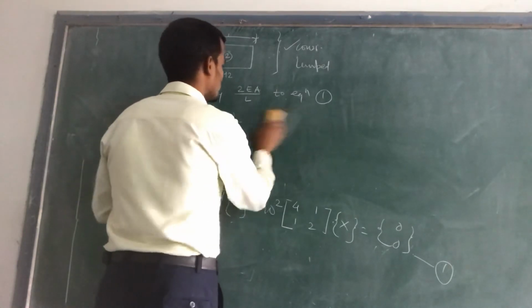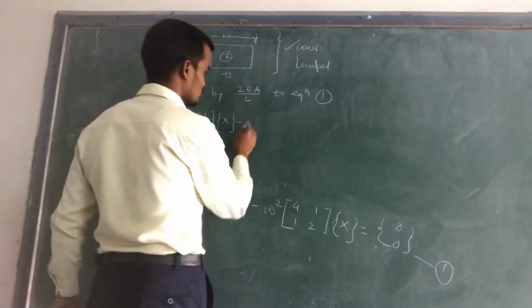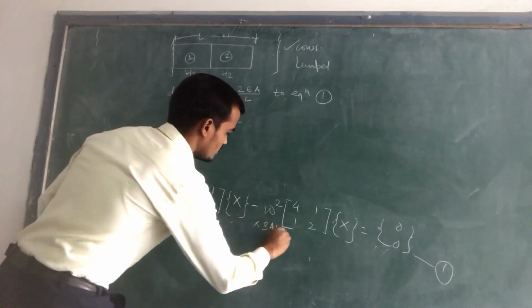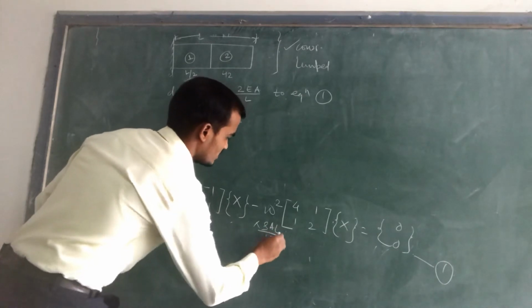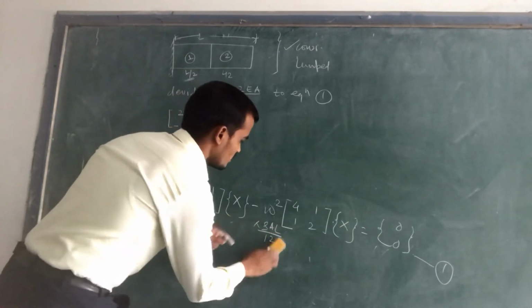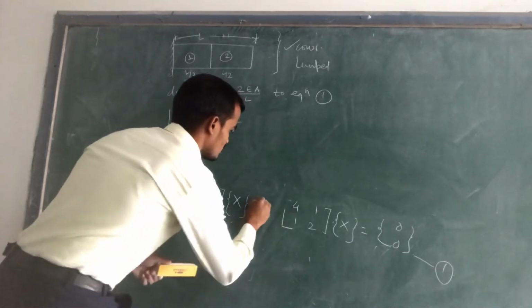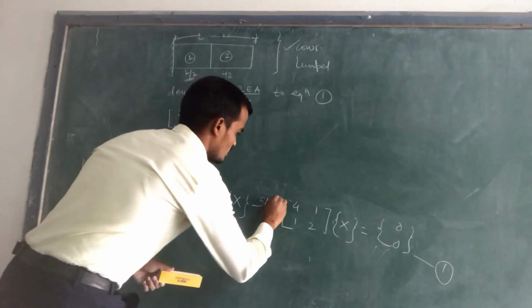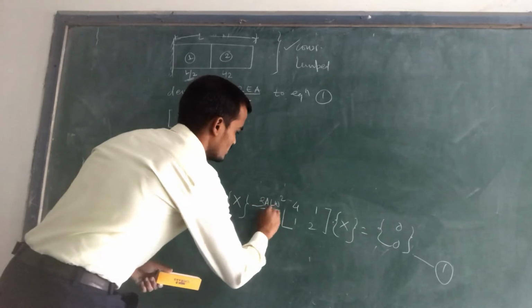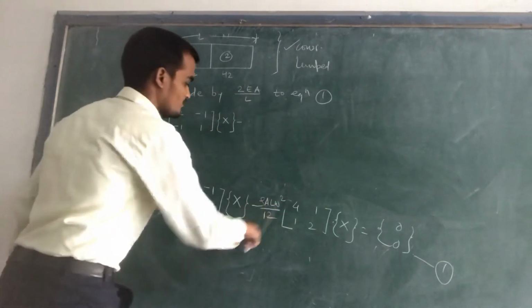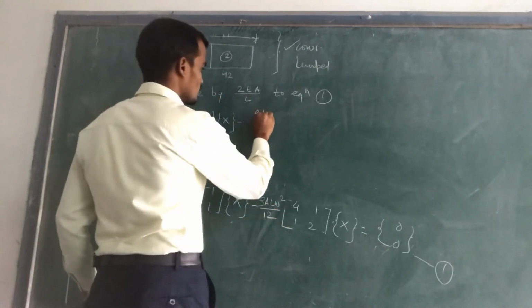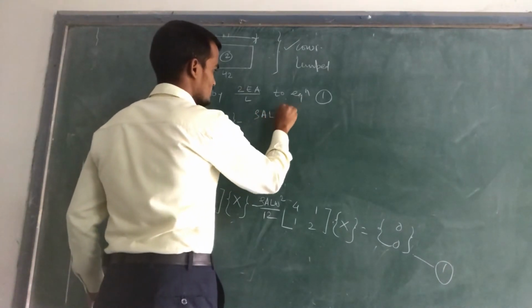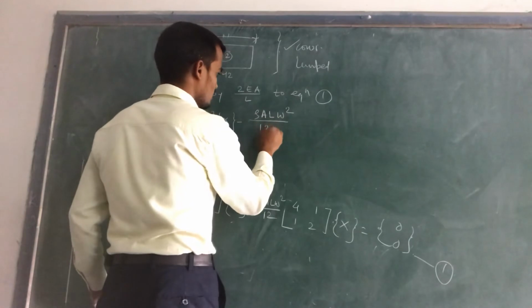Sorry, we need to divide. Here we have omega square into rho into A into L divided by 12.